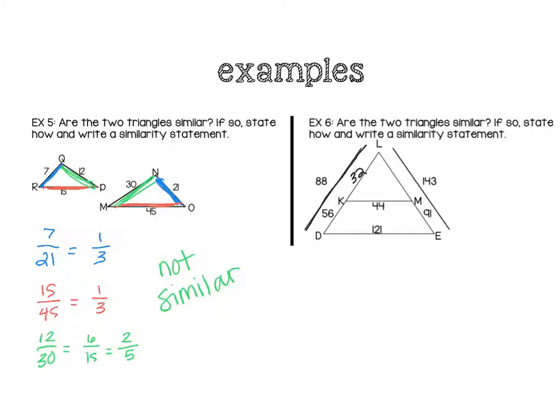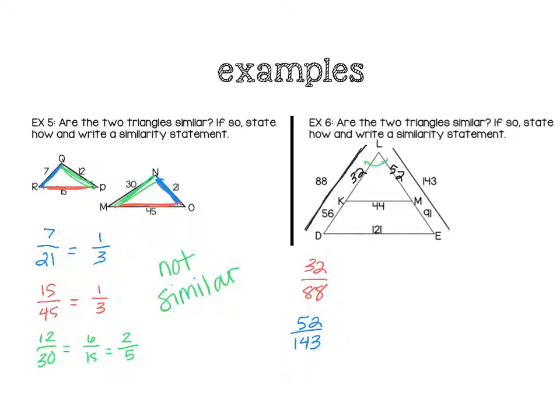And I know that LM has to be 52. So that will help me fill in my sides. So I want to know if 32 over 88 and 52 over 143.